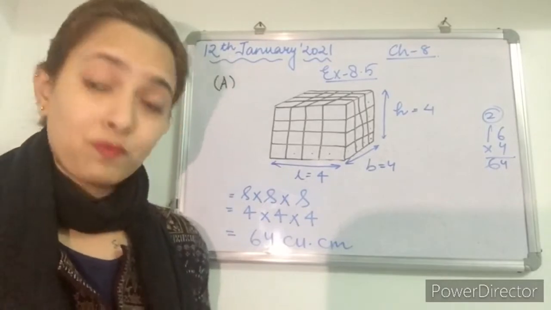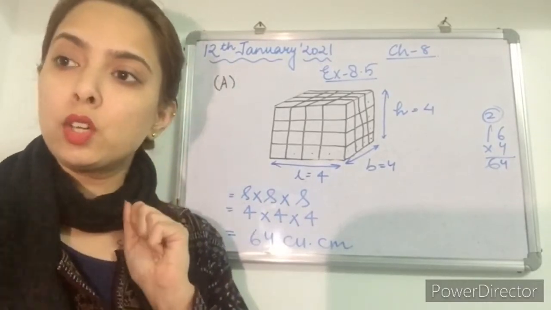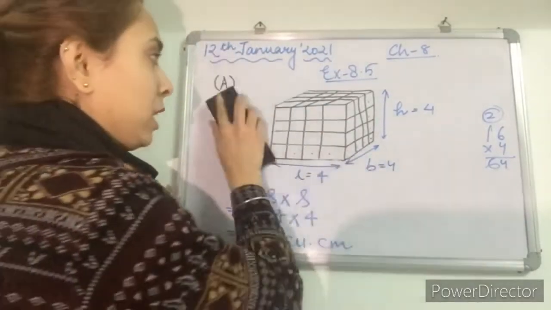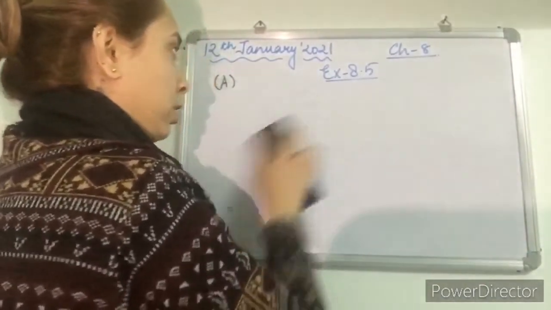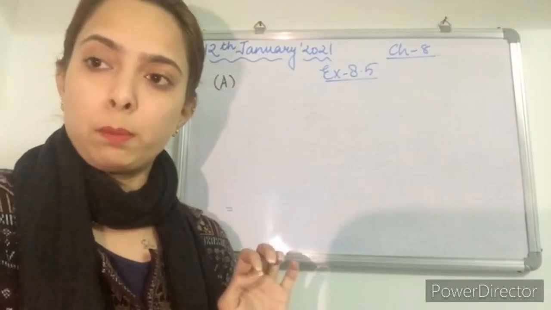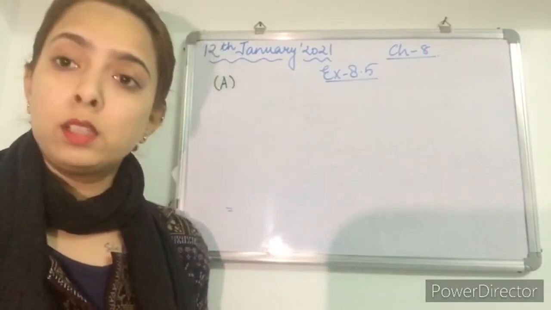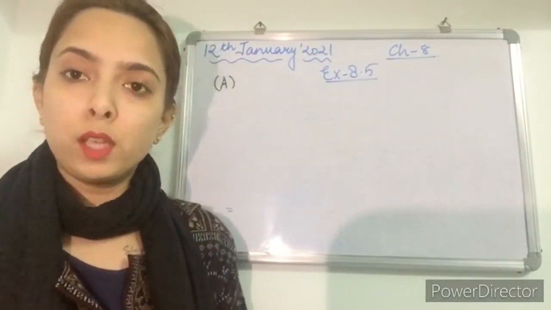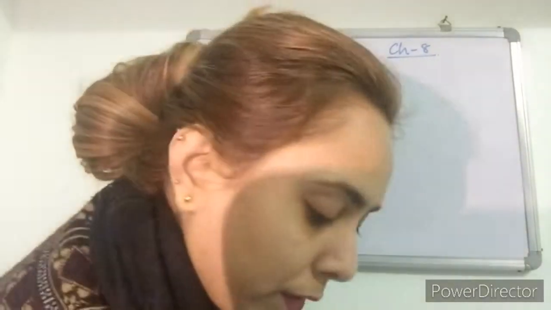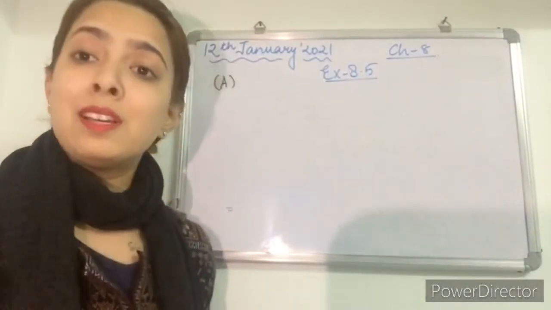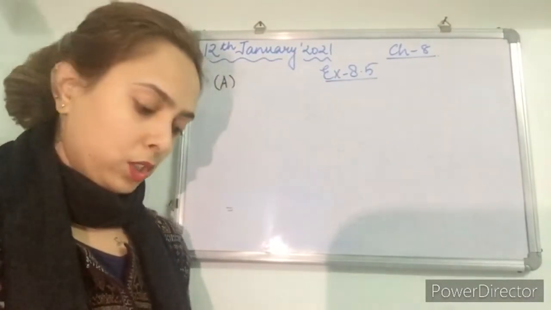So I would like to explain the second shape now. The second shape is an irregular shape. Here the placement of cubes is not equal. So how will we solve such kinds of questions?